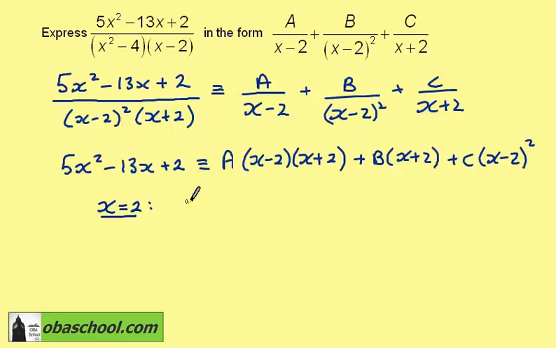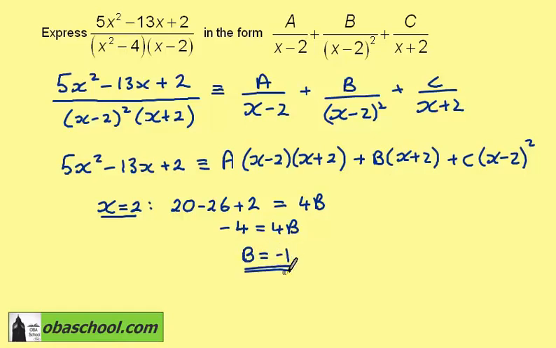Put 2 in here, and we get 5 times 4, which is 20, take away 13 times 2, which is 26, add 2. This is equal to, remember this disappears, just leaving us with the b, so we get 4b. This is minus 4, so it's 4b, and therefore b is equal to minus 1.